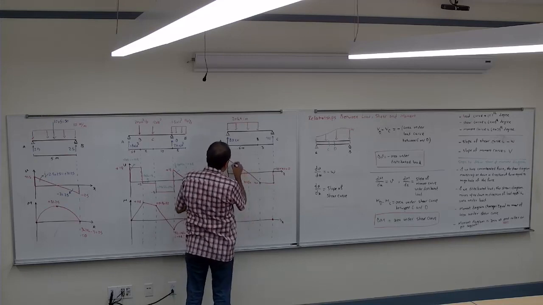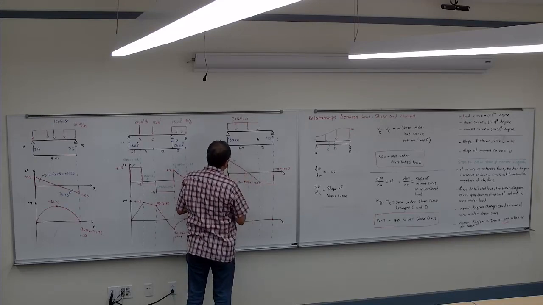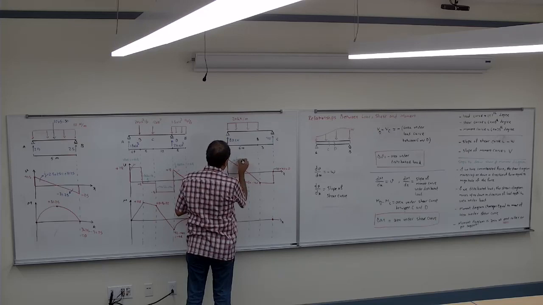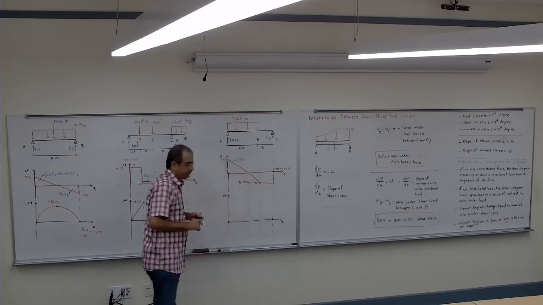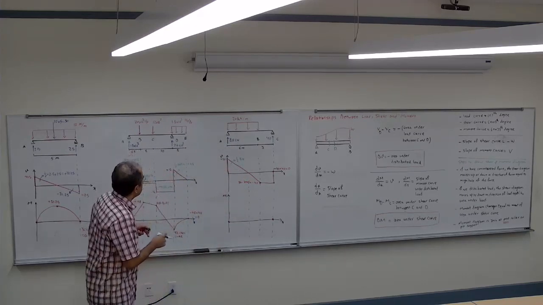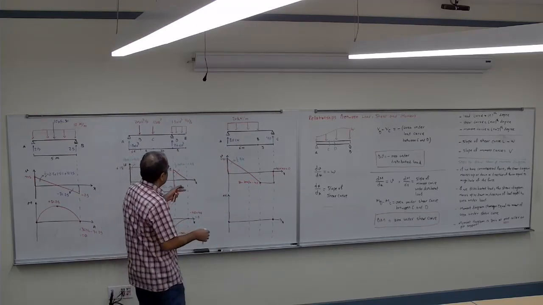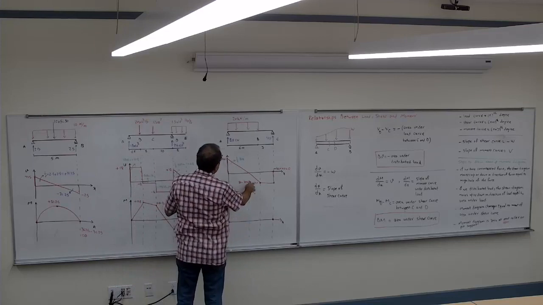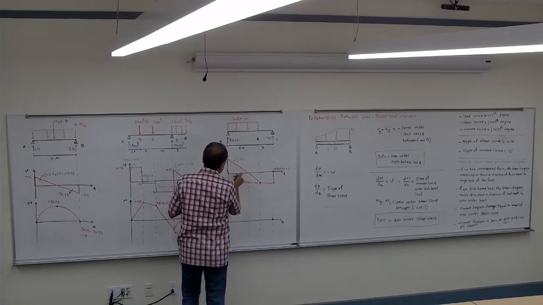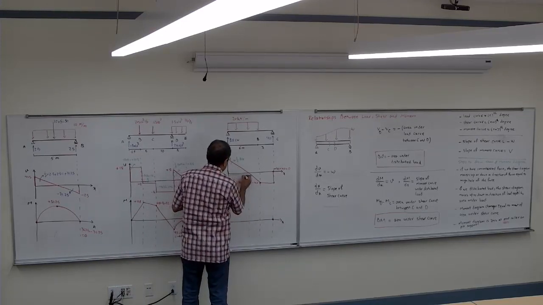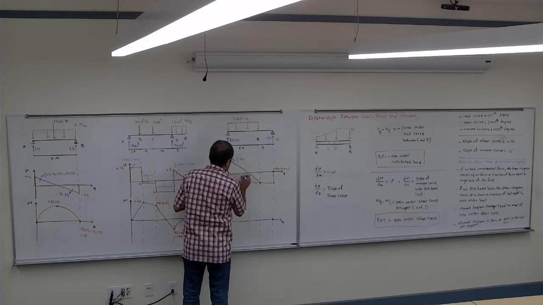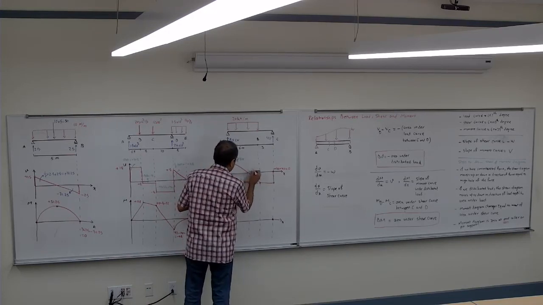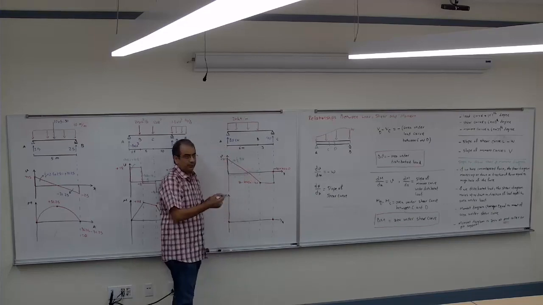So this part that is positive, how much is that? Half of 80 times... no, the 6 is the entire thing. So if it is 80, it is 40, it's going to be 4, correct? This is going to be 4. It's going to be 2, if these two want to be proportional.